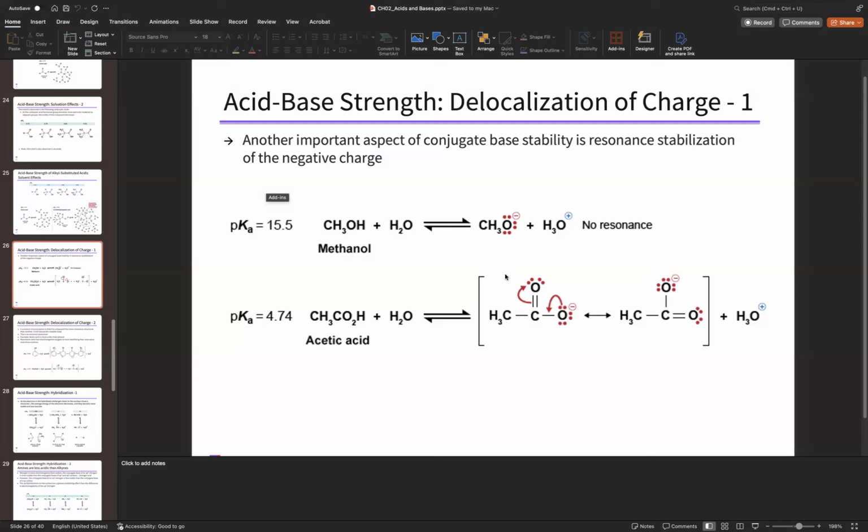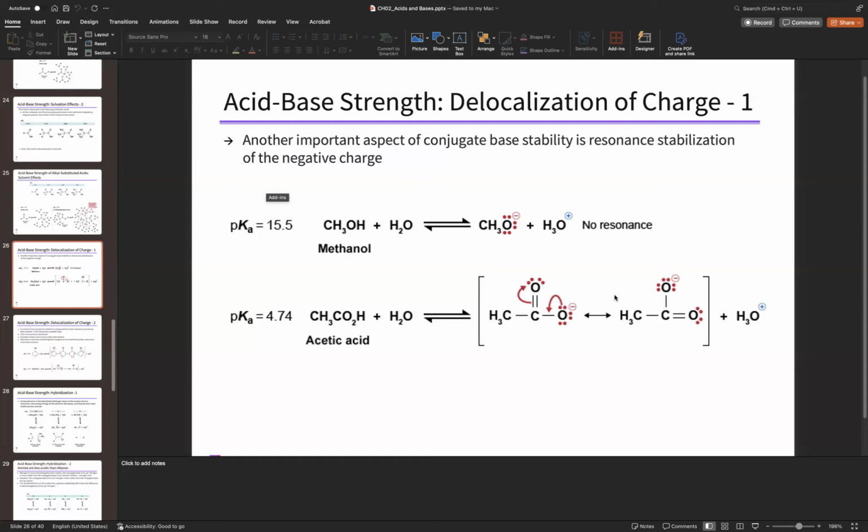So what exactly does resonance do? Well, it stabilizes the compound. The two resonance structures show that the negative charge is not local just to one oxygen, but is spread equally between those two oxygens. In one resonance structure it is on this oxygen and in the other resonance structure it is on this oxygen. And both are equally contributing structures. They are both equally major.